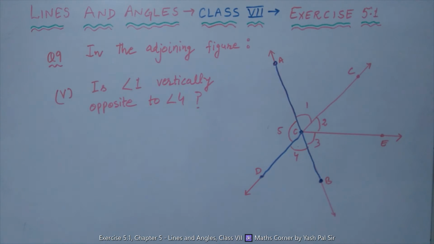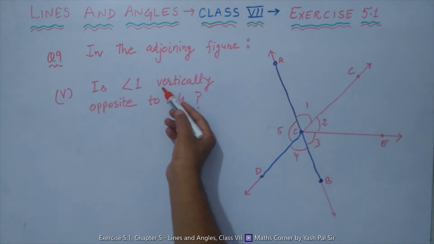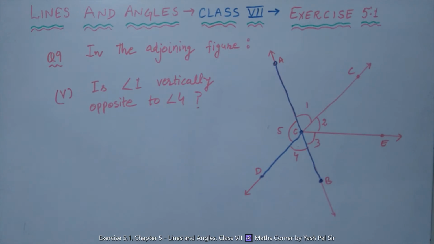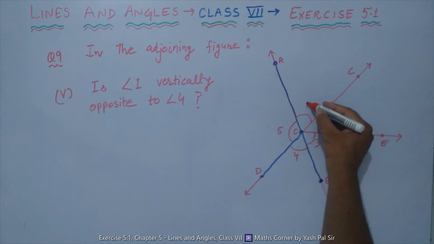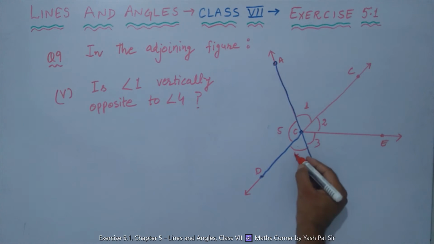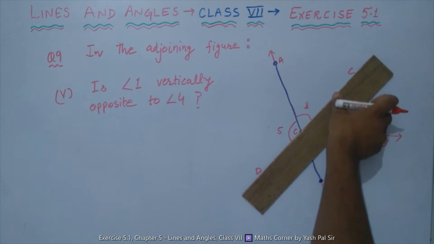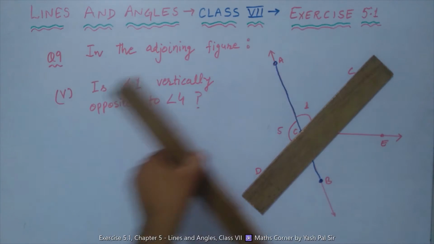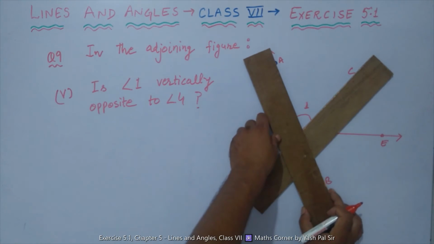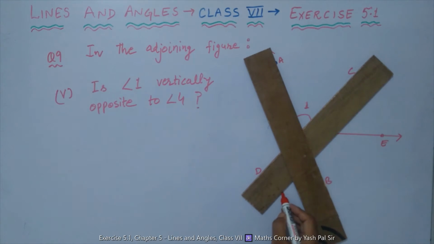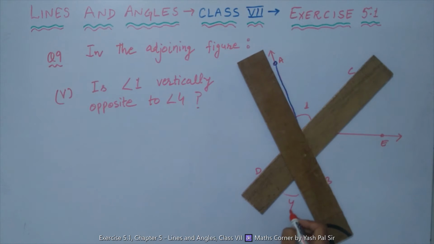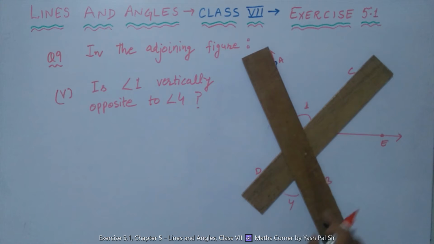Part number 5: is angle 1 vertically opposite to angle 4? Where is angle 1? This is angle 1, right? Where is angle 4? This is angle 4, because of this line and this way, right? So this angle is angle 4. So these two angles are vertically opposite angles.